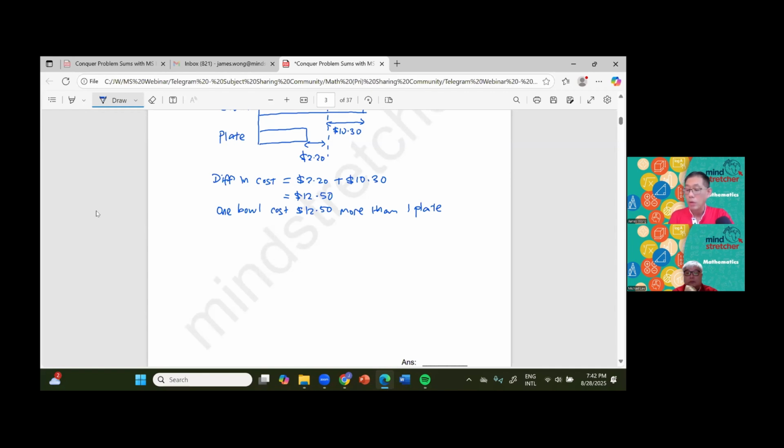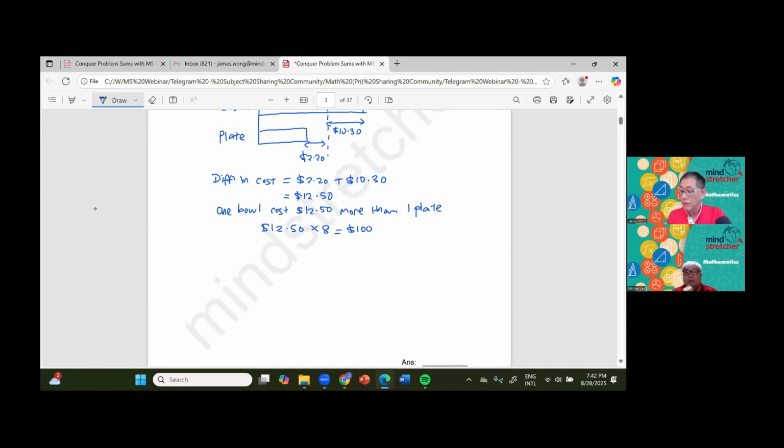The 8 bowls will cost how much more? It will cost $12.50 times 8, right? 8 times more. I can compute $12.50 multiplied by 8, which gives me exactly $100.